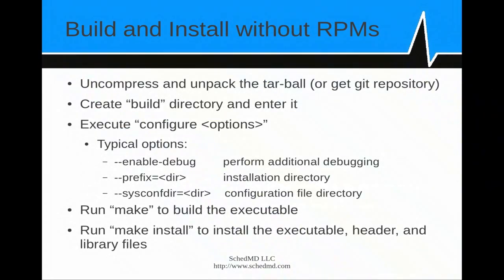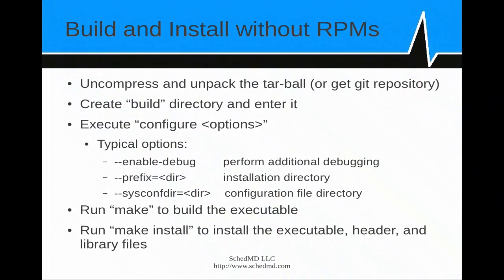If you're not using RPMs, there are Debian packages available, or you can just do a build in place. So you'll uncompress and unpack the tarball, create a build directory, and go into it. I'll walk through this, and then you will execute configure. What configure does is it figures out exactly what your environment's like, where header files are, which compilers are installed, which libraries are installed, where they are, and so forth.